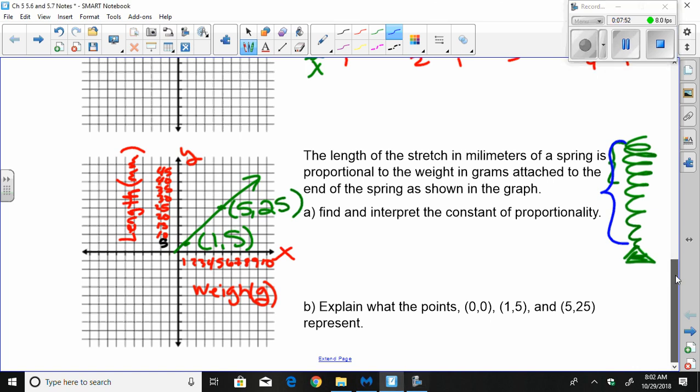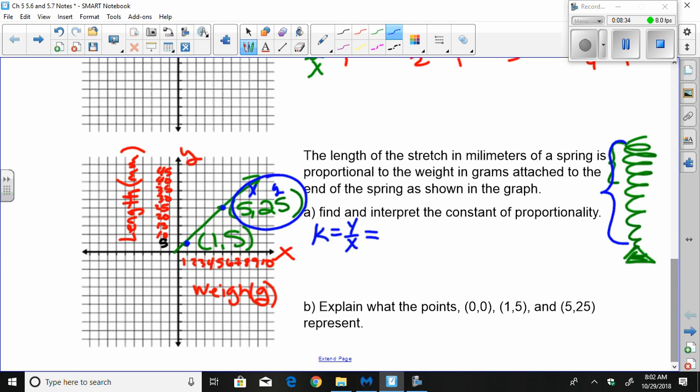Your constant of proportionality should look familiar. k equals y over x. So we just take one point. We can choose any point here that makes sense, like this one. We don't want 1.5 and 2.5. That wouldn't work out very well. It wouldn't be exact. But here we have exact values, whole numbers. So let's go with (5, 25). We have our x, we have our y.